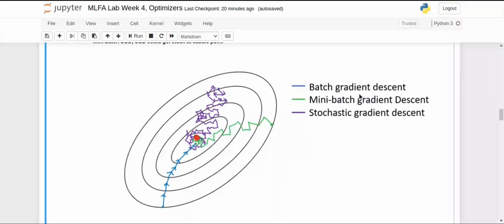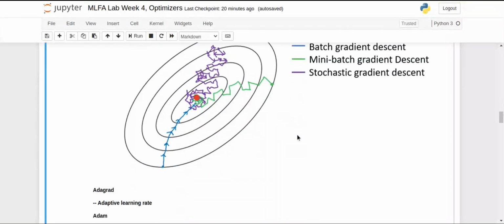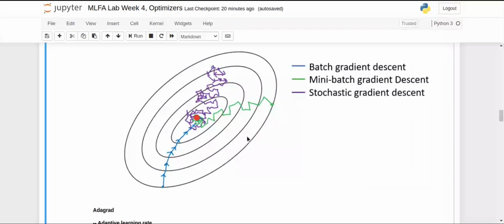But in batch gradient descent, you can see 1 2 3 4 5 6 7 8 9, within 9 steps it is going to the minima. And mini batch also takes fewer steps than stochastic gradient descent. So it is very clear that stochastic gradient descent takes too many steps to reach the minima.